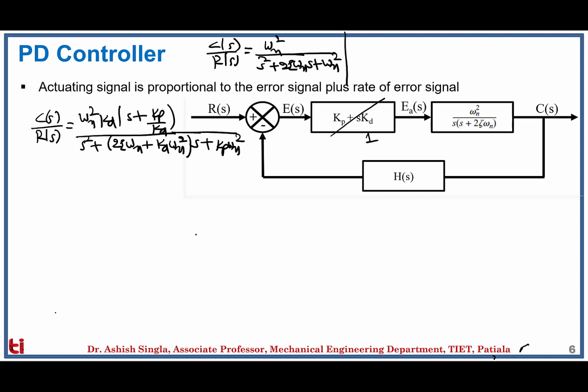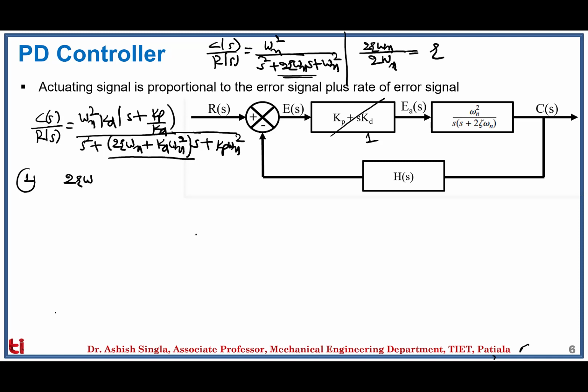First of all, the damping ratio. To find the damping ratio of the original plant, whatever is the coefficient of s in the denominator polynomial, if we divide 2 zeta omega n by 2 omega n, we can find the value of zeta. The same thing we can do with the coefficient of s of the PD controller.